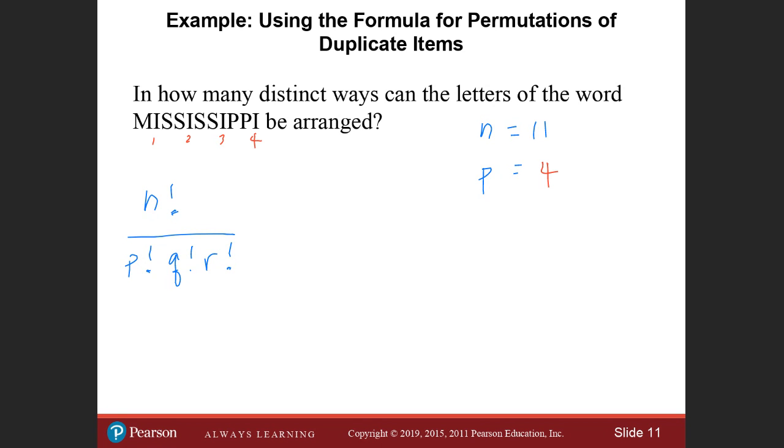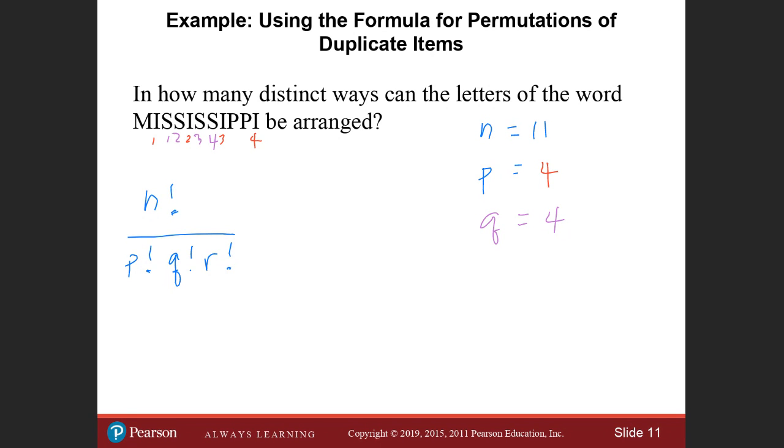And then we will have a q, and q would be the s here. So let's have 1, 2, 3, 4. We have 4 s here, so that would be 4. And then we also have t that has 2.